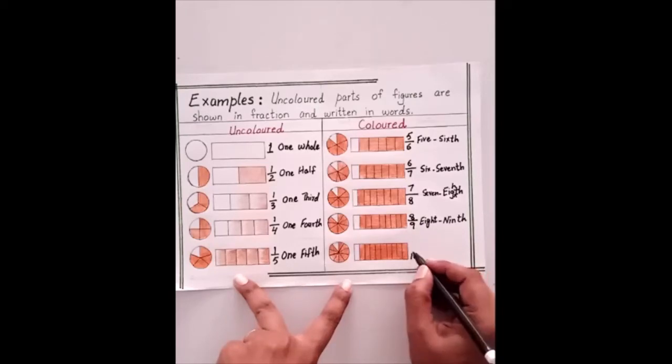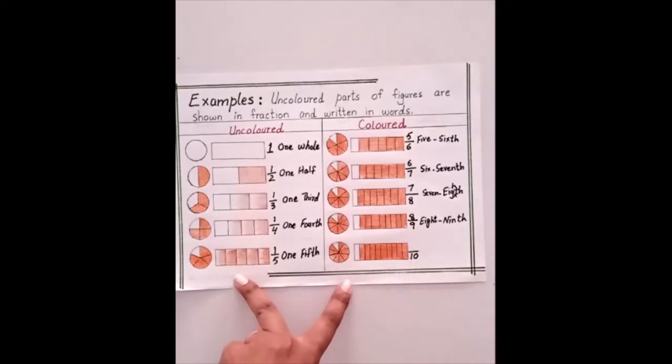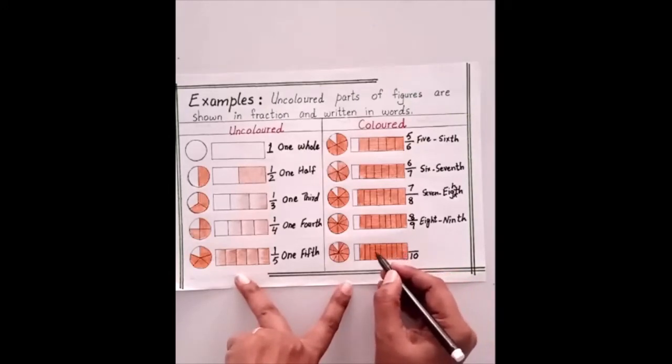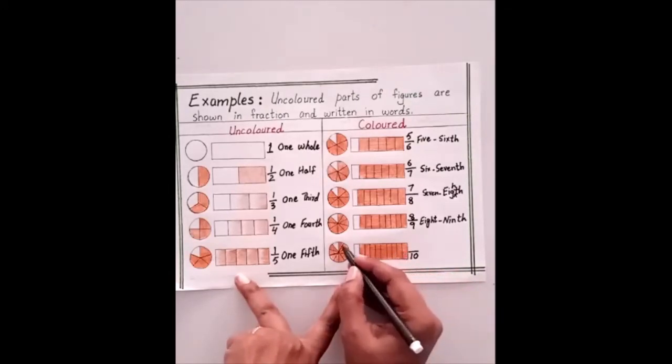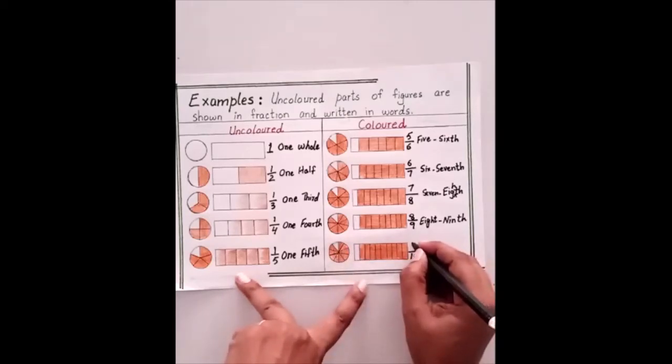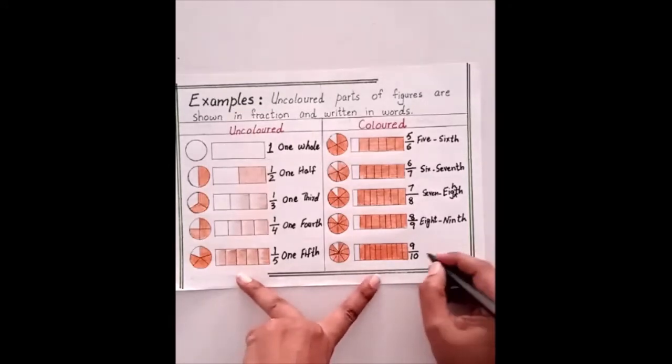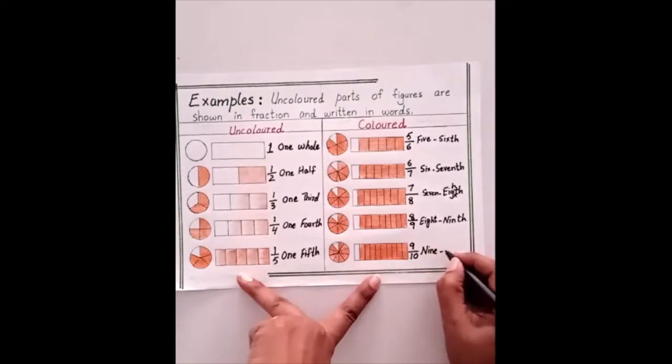We will write it down, and up we will see the colored portions: 1, 2, 3, 4, 5, 6, 7, 8, 9. 9 as a numerator, and in words we will write like this: 9 and 10th.